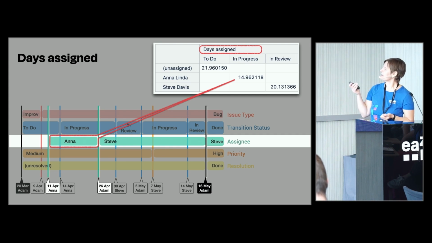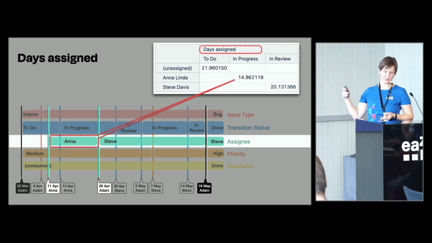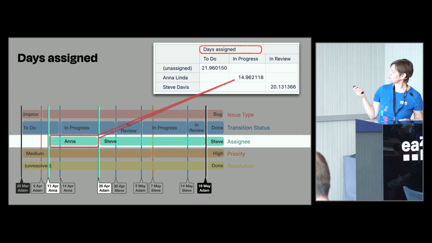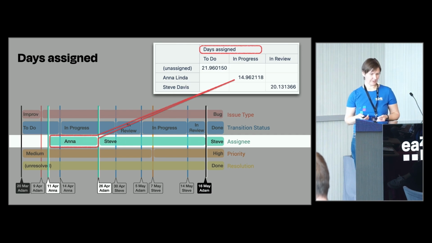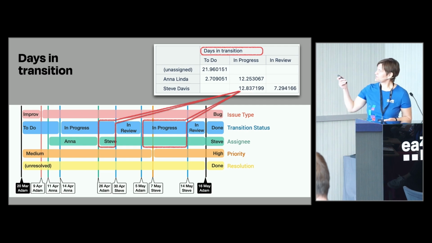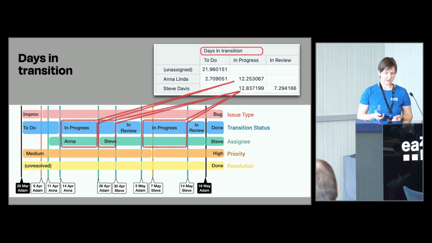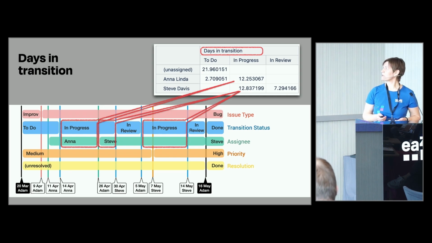And when Steve, for the assignee specific measures, there's one additional stop at the time when the issue was resolved so that we could calculate the days even if the assignee was not changed anymore. So Steve was assigned till the resolution, so his days are all shown for in review status. And with days in transition, we find the combination and sum the days, and we see that now we can see how many days the issue was in progress and assigned to Anna, and how many days for Steve.